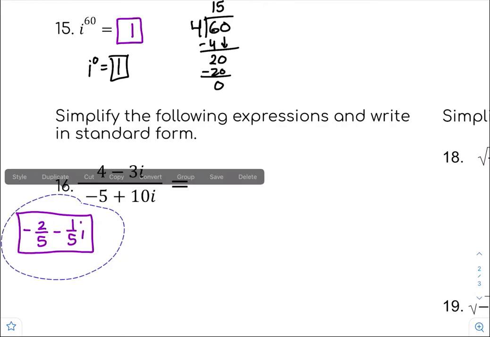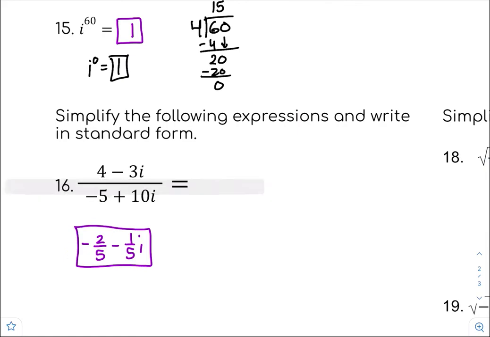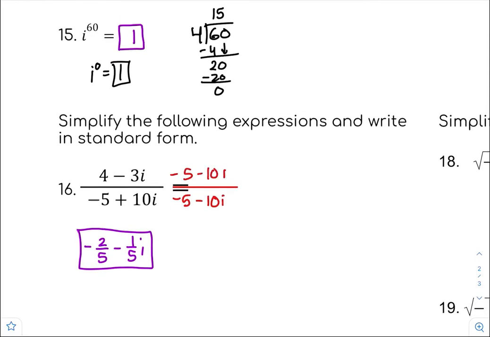Check that answer later. So we have to get the conjugate. The conjugate of the denominator is the opposite of that sign. So negative 5 minus 10i. That is the conjugate.